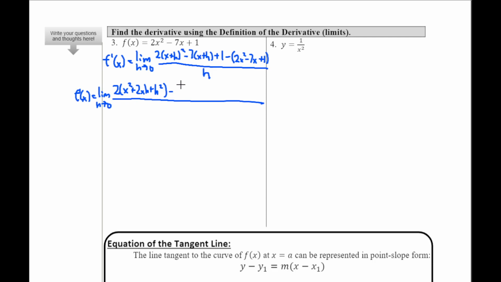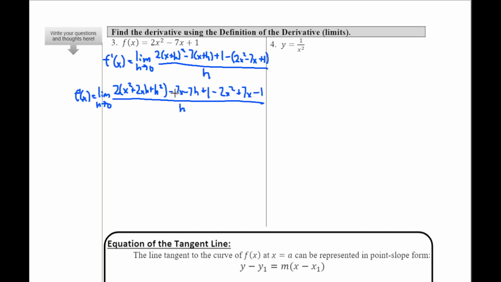You can subtract 7x minus 7h plus 1, minus 2x squared plus 7x minus 1, all over h. Again, anytime you're having trouble with how we got something, please pause this video and ask your teacher right away or a classmate for clarification.